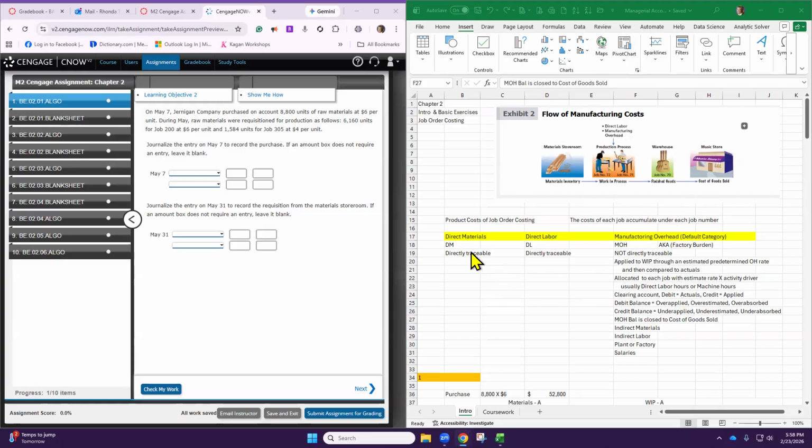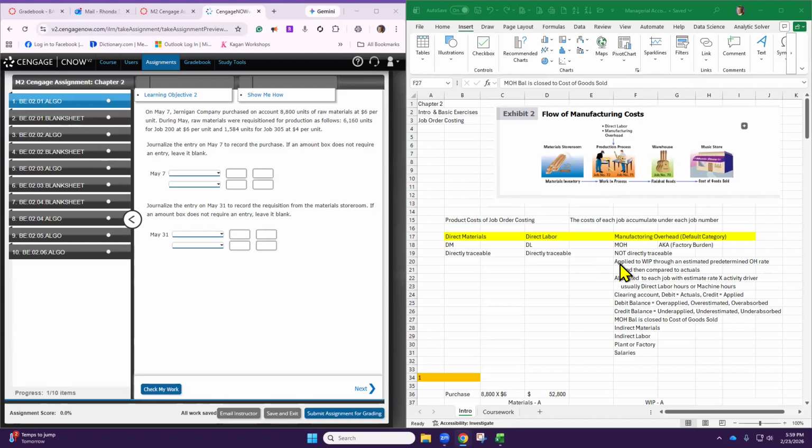Just to remind you, direct materials and direct labor can be directly traced to the products that we are manufacturing. However, this third option, one more time, manufacturing overhead, also known as factory burden, you cannot directly trace what's in overhead to a product.